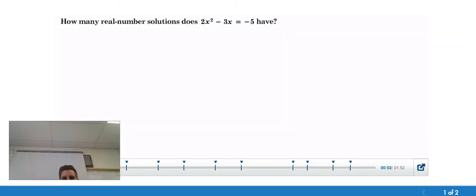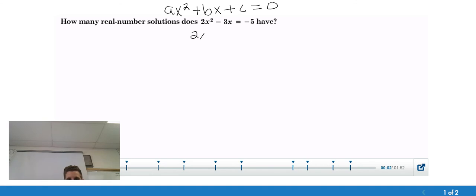Okay, so this one asks how many real number solutions this equation has. I don't have to actually find the solutions, it just asks how many. So all I have to do is first get it into standard form. Standard form is ax squared plus bx plus c equals 0. This is not in that form, so I'm going to have to add the 5 over.